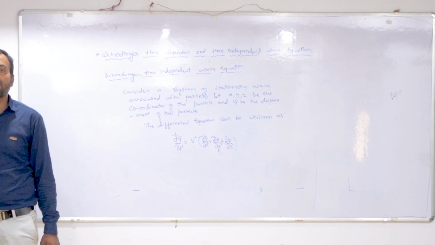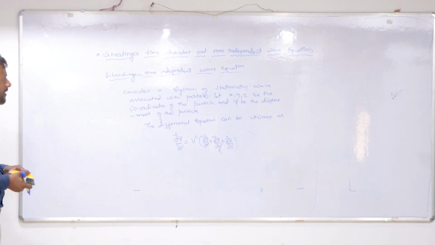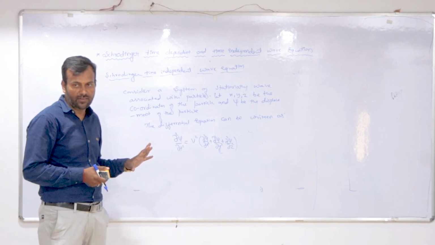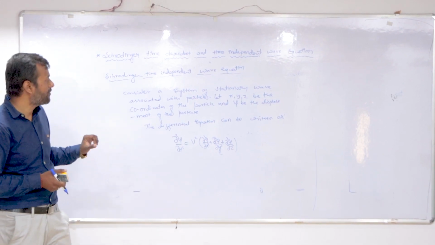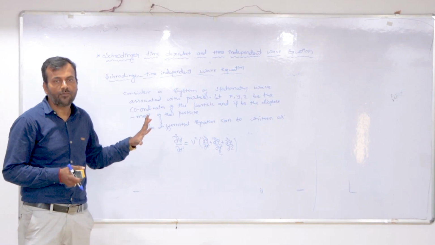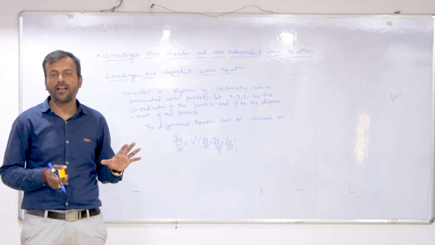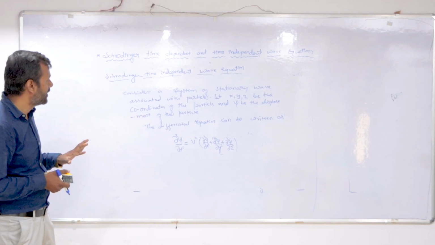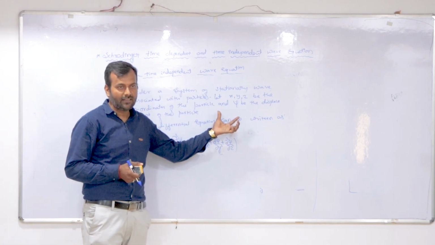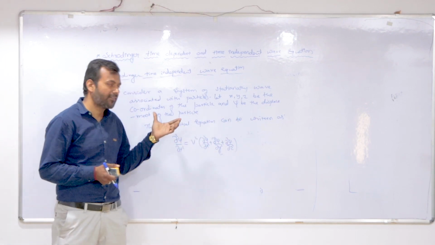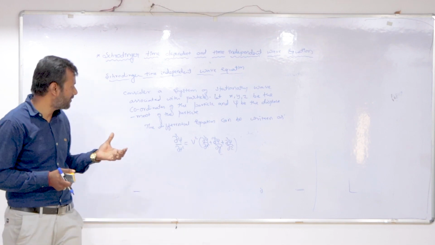So now what we have done, we have considered a system of stationary waves, right? Stationary waves which are associated with a particle, which is able to move in the x, y and z directions. So this particle, the new function you got is psi. This is the displacement of the particle, that is a function of time.